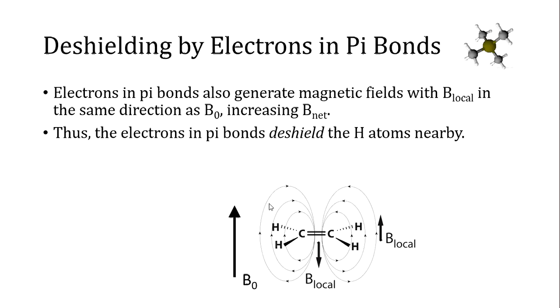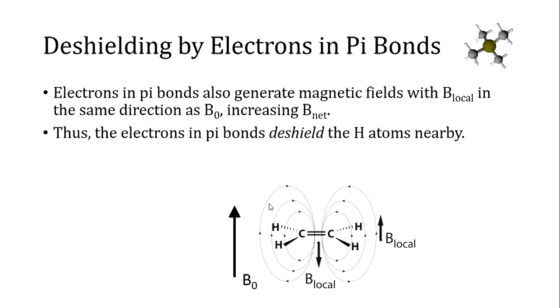They're on the outside, and if you follow the circular arrows around to where the hydrogen atoms are, the orientation of that magnetic field is now pointing upwards in this picture, which is in the same direction as B0, the external field. So pi bonds have a tendency to increase the net field felt by hydrogen atoms, because the B local felt there is in the same direction.